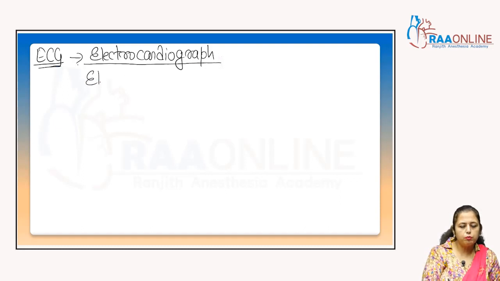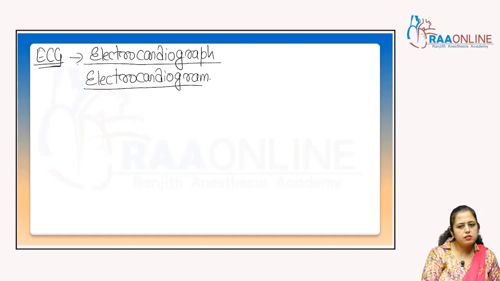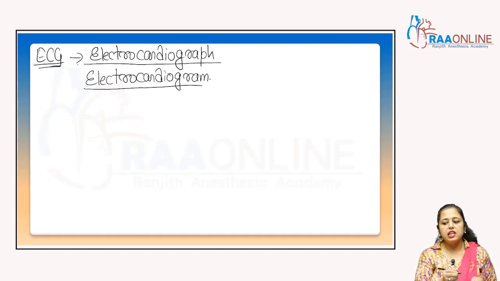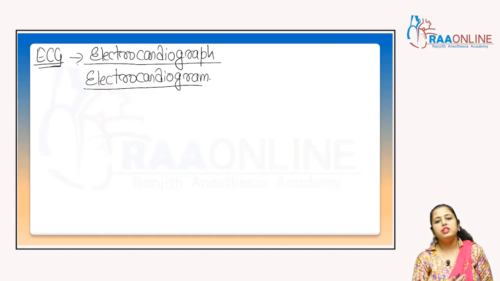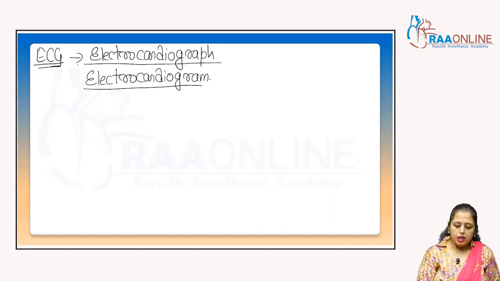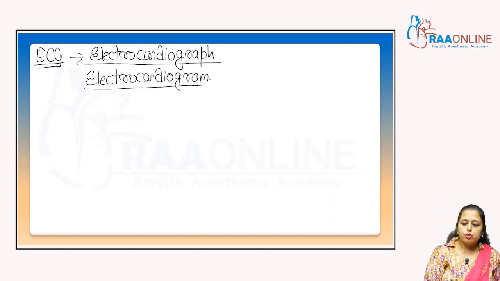When we talk about the documentation, that is the electrocardiogram, right? This is the machine instrument through which we record the graphic record of the electric current produced by the excitation of the cardiac muscles, right? That instrument used to record the changes is the electrocardiograph, right?